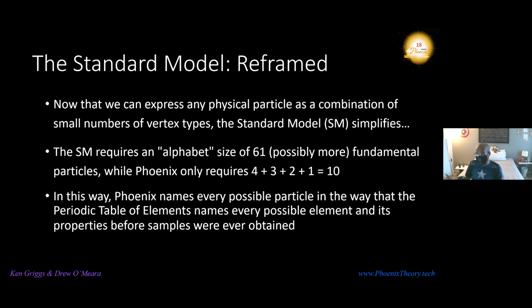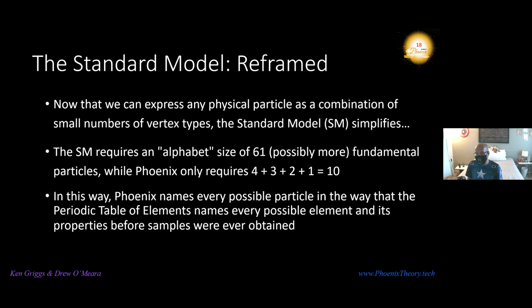So the standard model, which is really the essence of what we're trying to demonstrate, Phoenix can actually create. This way of constructing particles using these various vertex types does simplify the standard model. In other words, we can produce the standard model with a much smaller building block system. The standard model as it exists today has about 61 particles, 61 fundamental objects, and that's a hefty set to deal with.